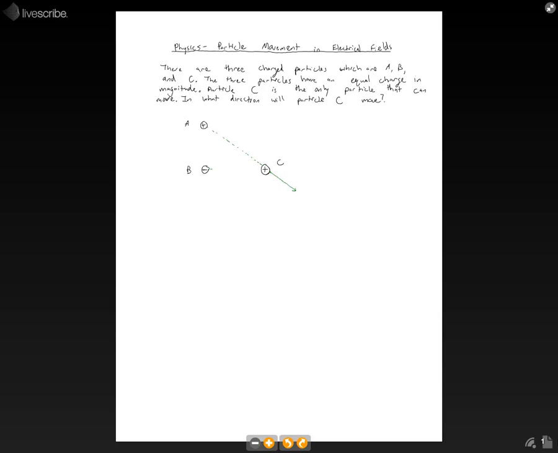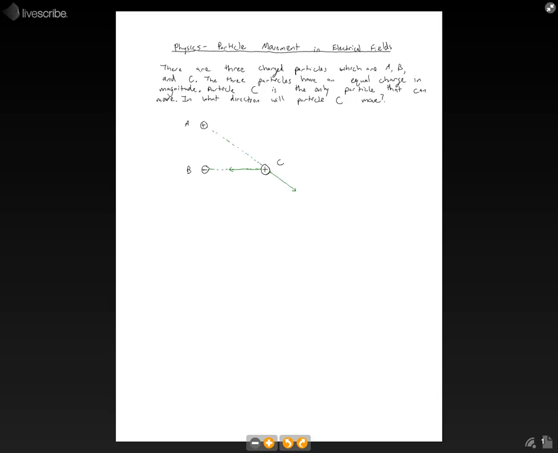Now if we draw a dotted line between B and C, we see that these are opposite charges, so they should come together, so C would move in this direction.